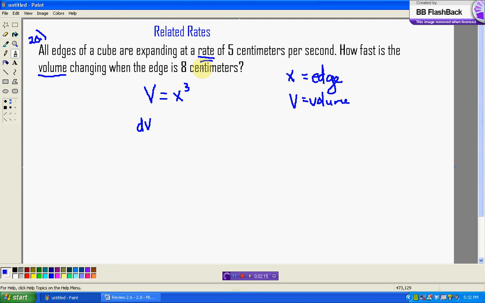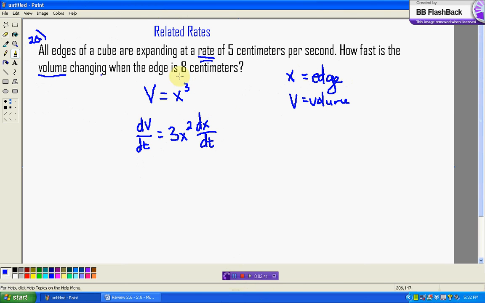So we take this derivative kind of like implicit differentiation, where I'm taking the derivative of volume in terms of time, so that's why I have dV over dt. I'm taking the derivative of x, or edges, in terms of time, that's why I'm going to get this dx dt. You understand? So that's basically the derivative of our function here.